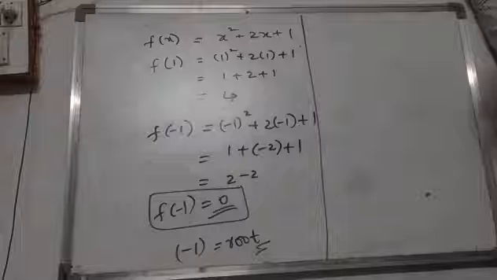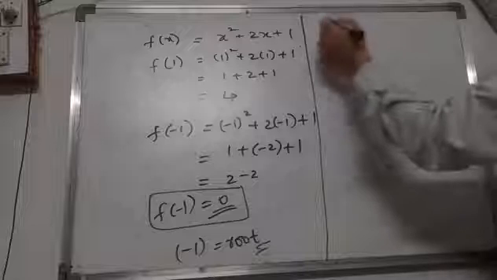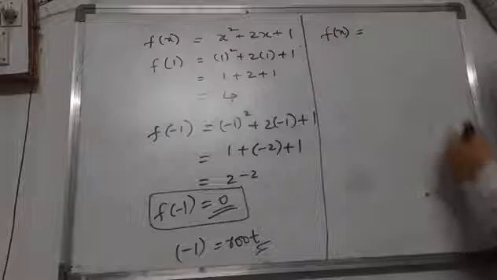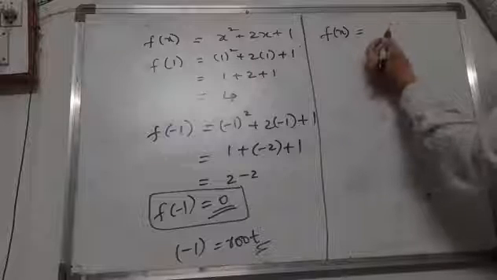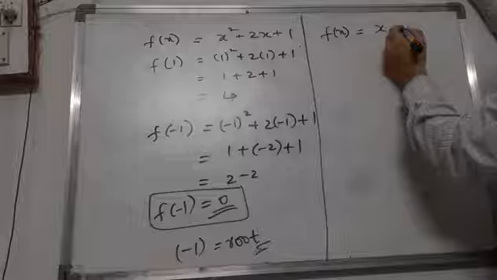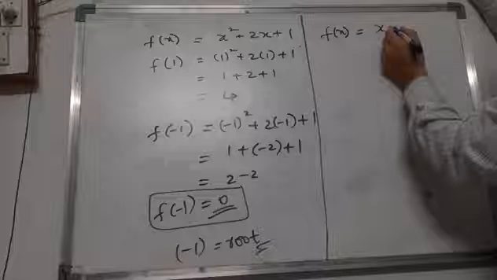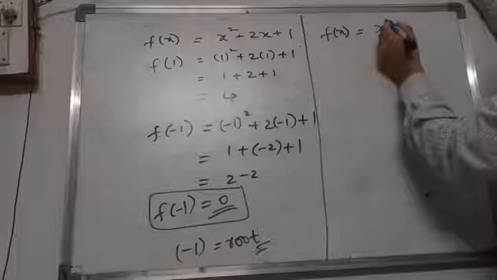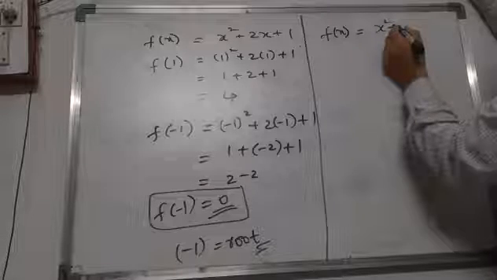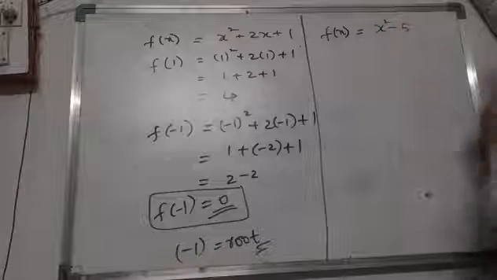Okay, so we shall go for another one. Suppose f of x is equal to another equation: x square minus 5.